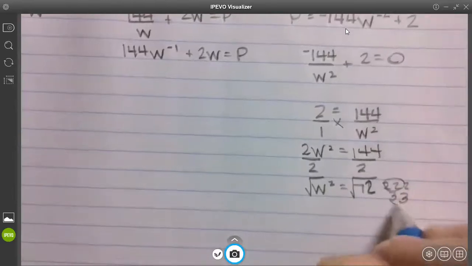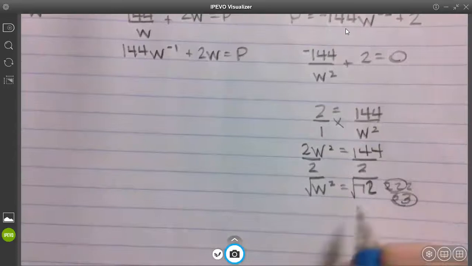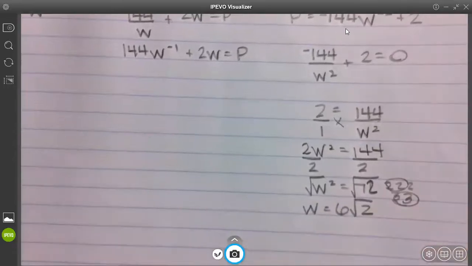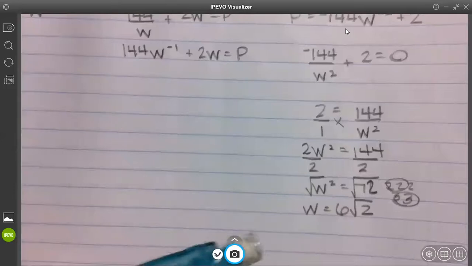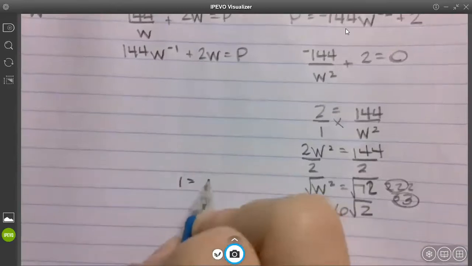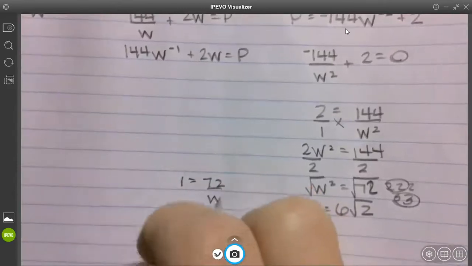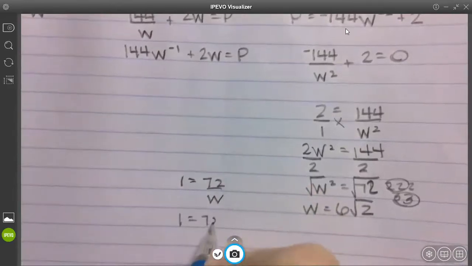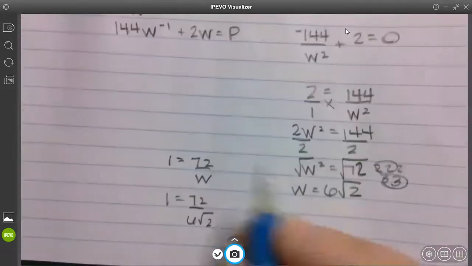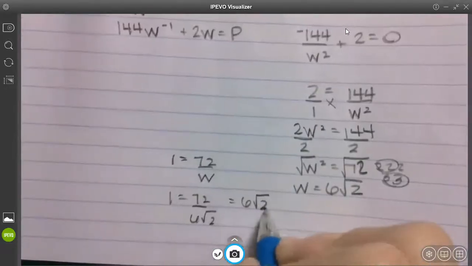We have a set of 2s and a set of 3s. 2 times 3 is 6. And we left the square root of 2. And again, same as 4, you can see it. You only have one that's 6 square root of 2. How do you get the other one? You plug it back in. So we said the length was 72 over W. So 72 over 6 square root of 2. When you simplify it out, it will give you 6 square root of 2.